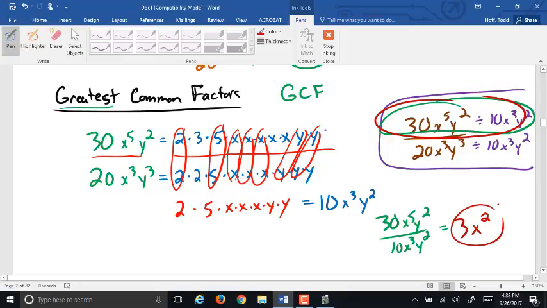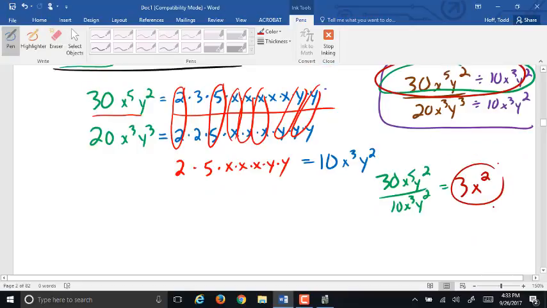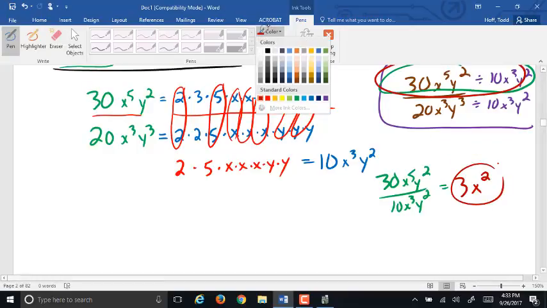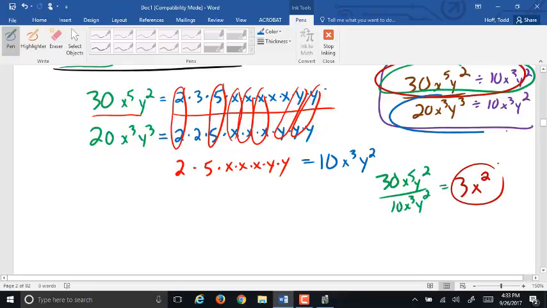Then on the bottom, we divide the 20, x to the third, y to the third, divided by 10, x to the third, y squared.